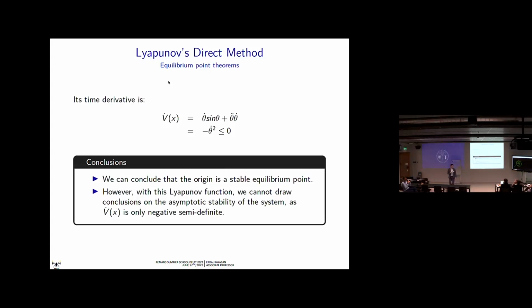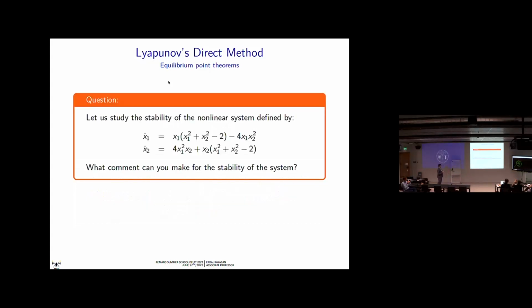Okay, so how about the stability of this system? You can use the same method that I used in the previous lecture. But it has several steps, right? Find the Jacobian, find the local equilibrium points, there are several steps.